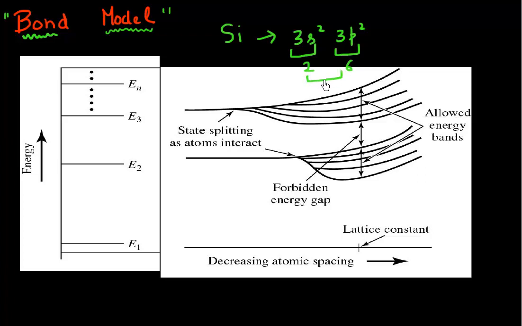So in all, we have 8 states contributing from each atom, out of which 4 are occupied. So I had misstated that there are 4 states. There are in fact 8 states coming from each atom, out of which 4 are occupied. So if I have n atoms, the total number of states that I would have is 8n, and these will split up into 4n states in the conduction band and 4n states in the valence band.